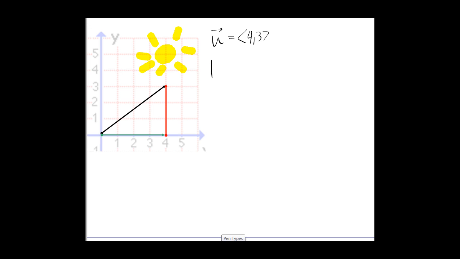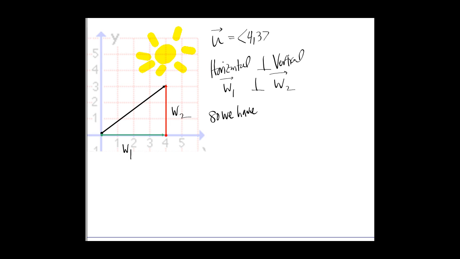So remember that the horizontal will always be perpendicular to the vertical. So let's call the horizontal component w sub 1 and the vertical component w sub 2. So we see that w sub 1 plus w sub 2 is equal to vector u.